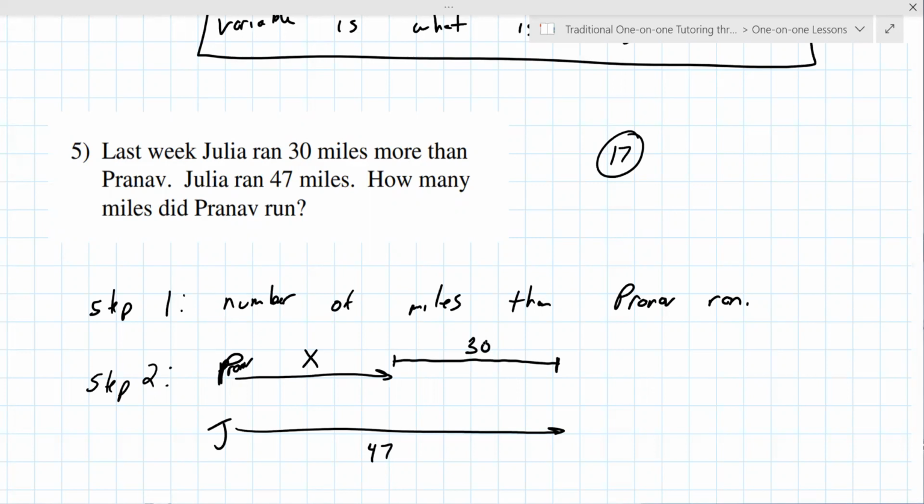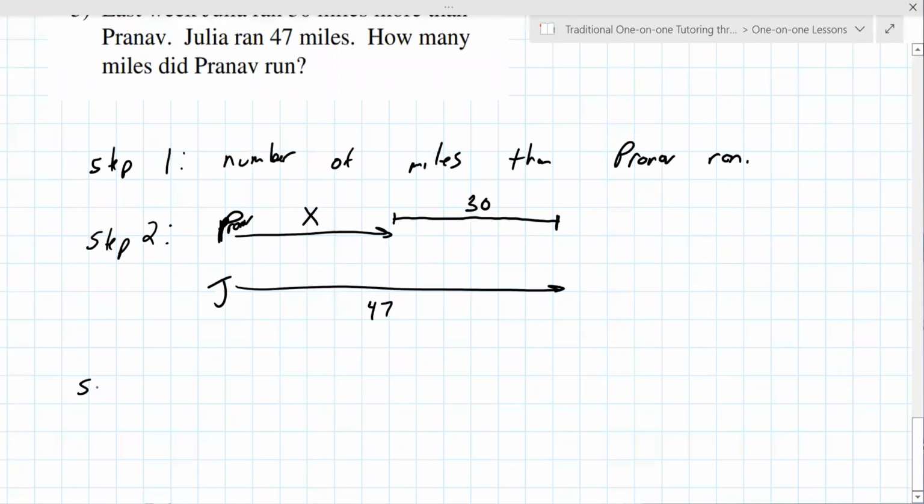Then you write what you define. You could do 30 plus X equals 47. Yes, and then you'd solve. That would be 17. So X is 17.